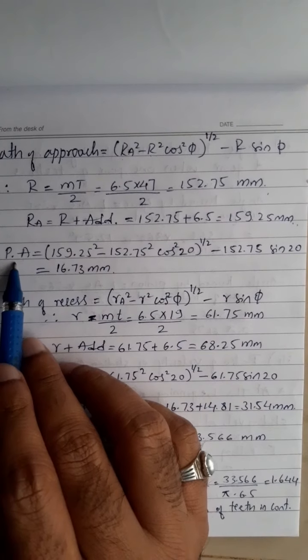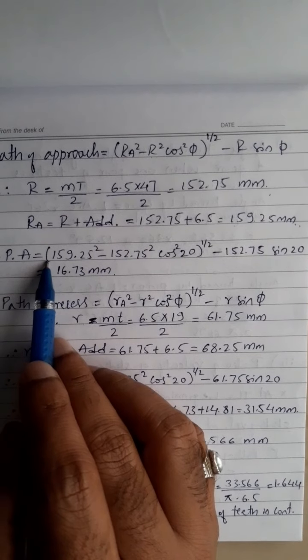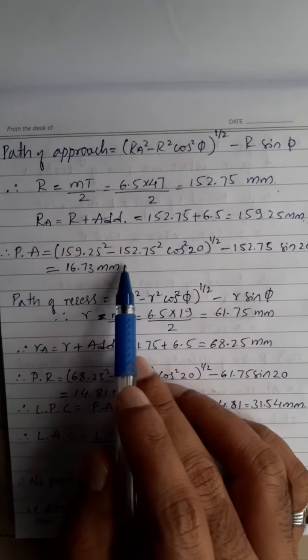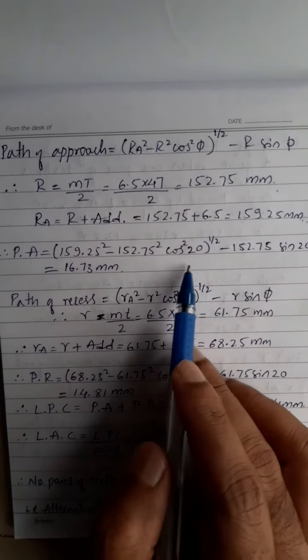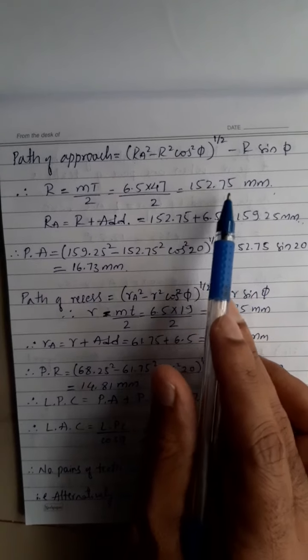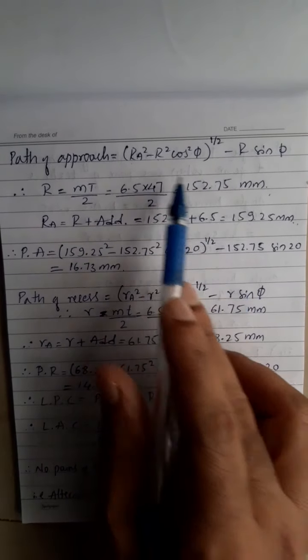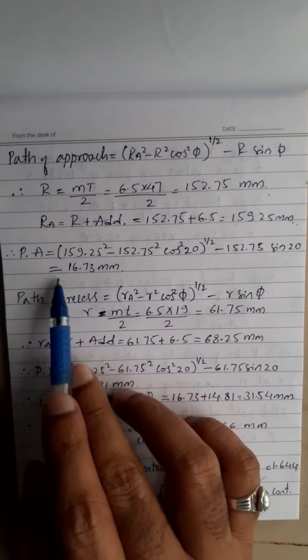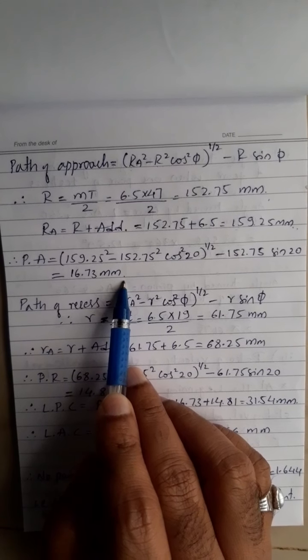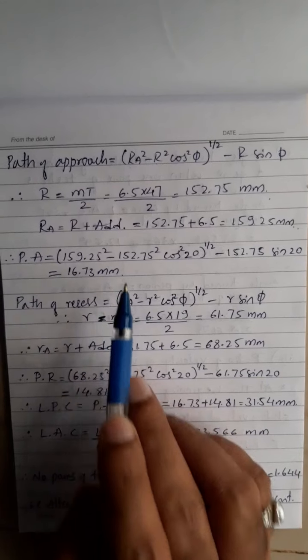Therefore the path of approach, substituting values in this equation, with phi as the 20 degree pressure angle, and the values of R and RA, we get the path of approach as 16.73 millimeter. So this is the length of the path of approach.